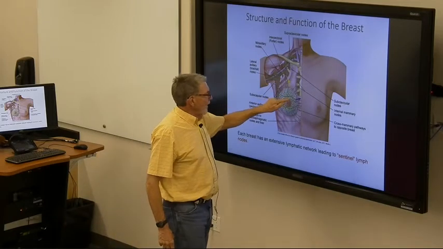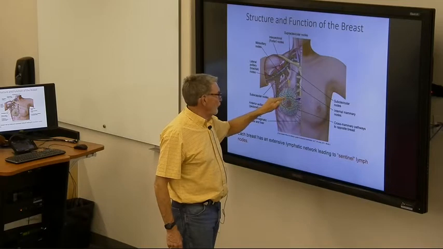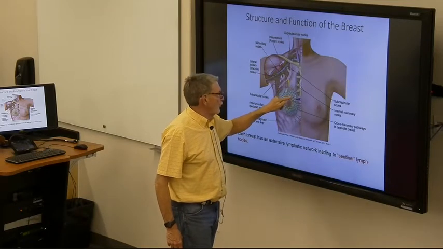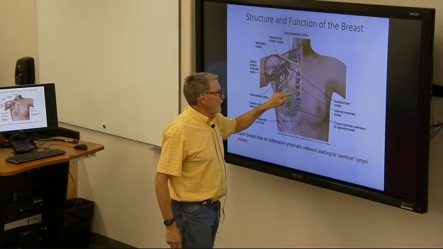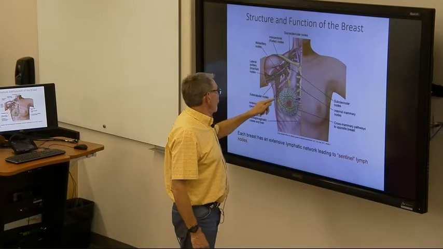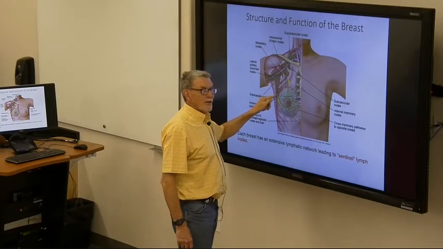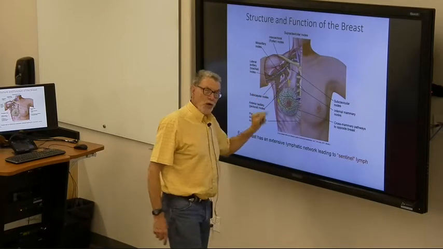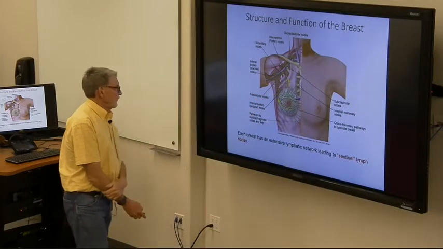If you think you have breast cancer and it may have metastasized and you're right here, you look at these guys. Those are the sentinel nodes for this part of the breast. If they don't have any cancer in them, then it hasn't gone any farther than that. Over here, you'd be looking at a couple over here. You don't have to take all these guys out if these guys don't show any cancer cells.